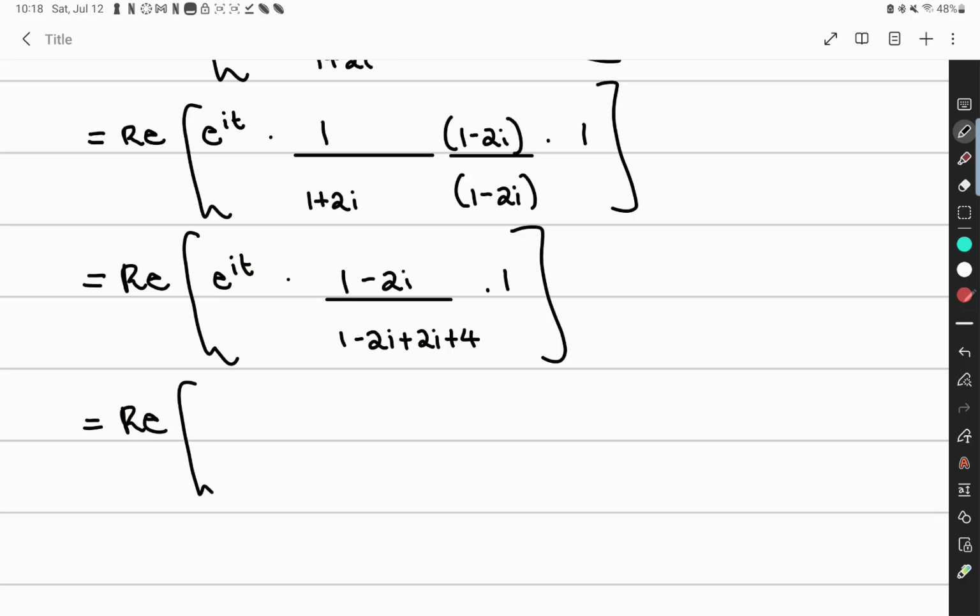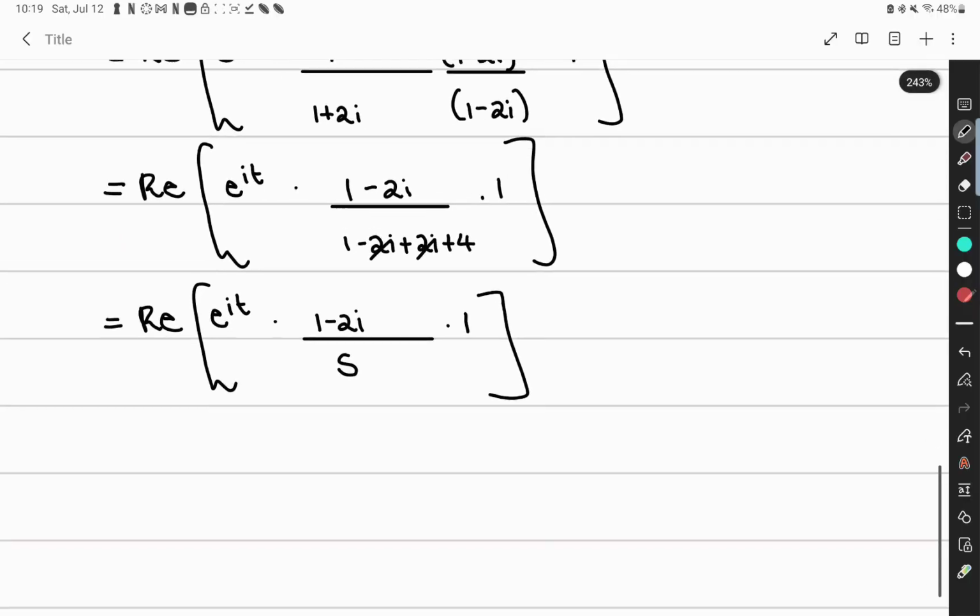This equals the real part of e^(it) times 1 minus 2i. So these will cancel out, so we have 5 by 1. Okay, looking good.